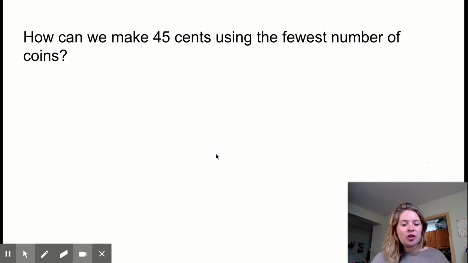Why don't you try it now with 45 cents? Make it using the fewest number of coins. What can you come up with?